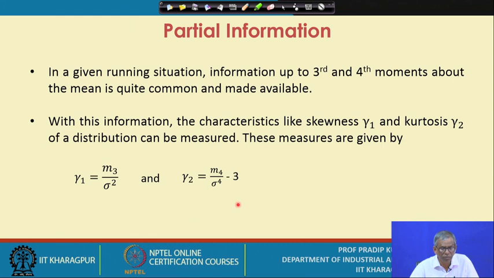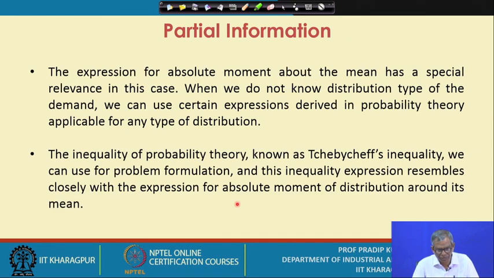So these two, gamma 1 and gamma 2, are very important. First you start with M1, M2, M3, M4. Then first you check whether calculation of M4 is possible with the given data set. If it is possible, then you go for calculating gamma 1 and gamma 2, so you will get a lot of information about the demand distribution.